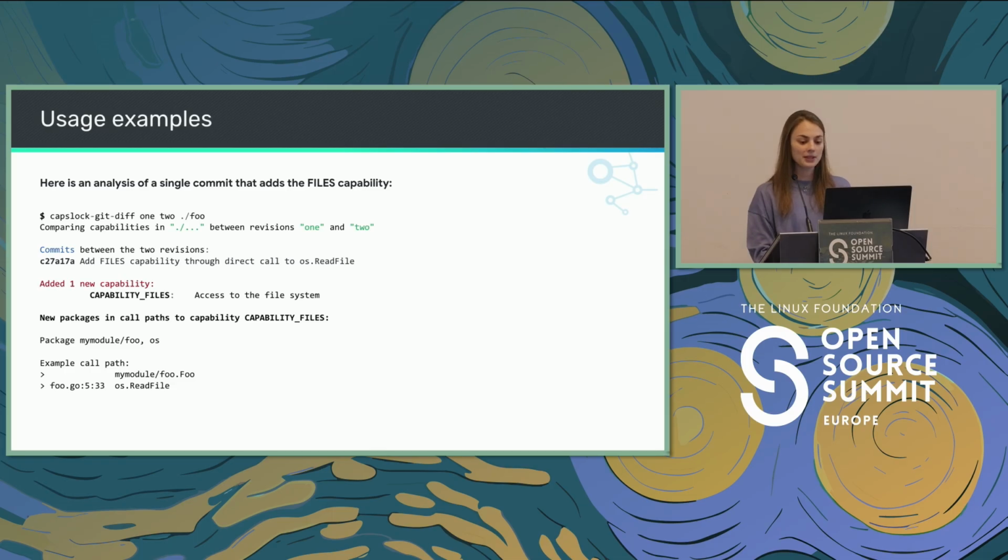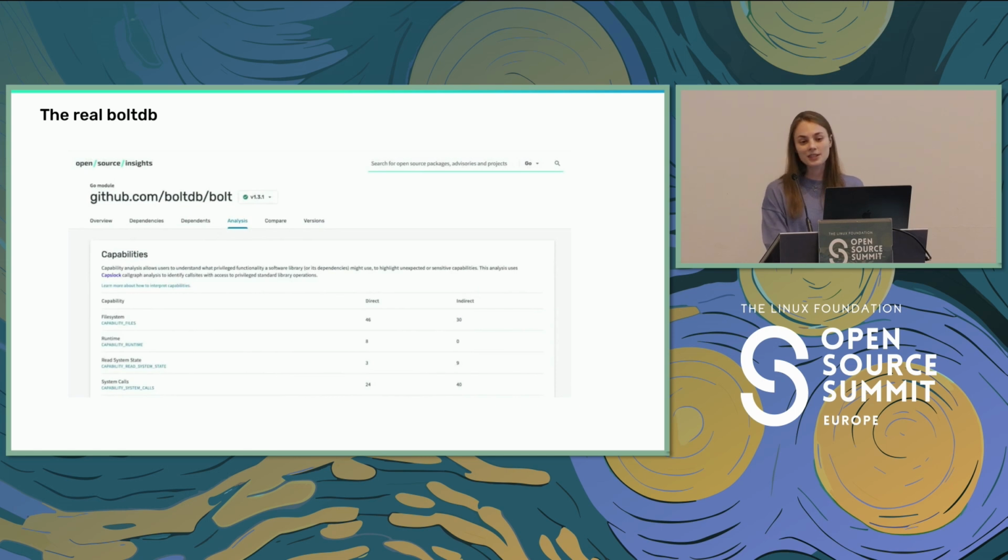And from the output, we can see that the new capability, files, has been added between revisions 1 and 2. In this case, we're flagging that this is a totally new capability, but this tool will also identify new calls to existing capabilities. So even if the files capability already existed in this repo, but from a different call, the tool would still bring up that there's been a new call to it. I'm sure you're starting to see how this could be really useful in the real world.